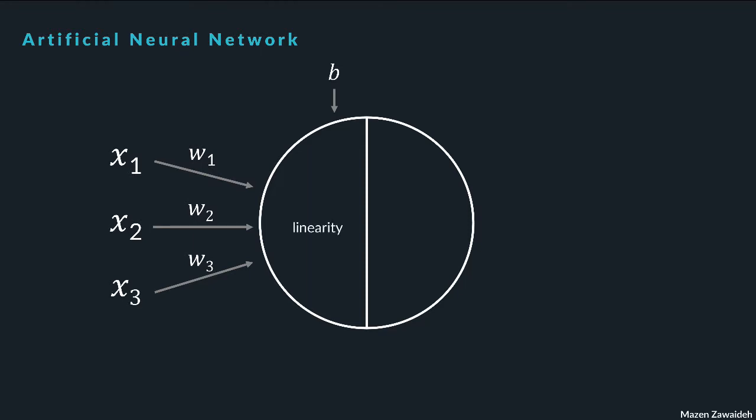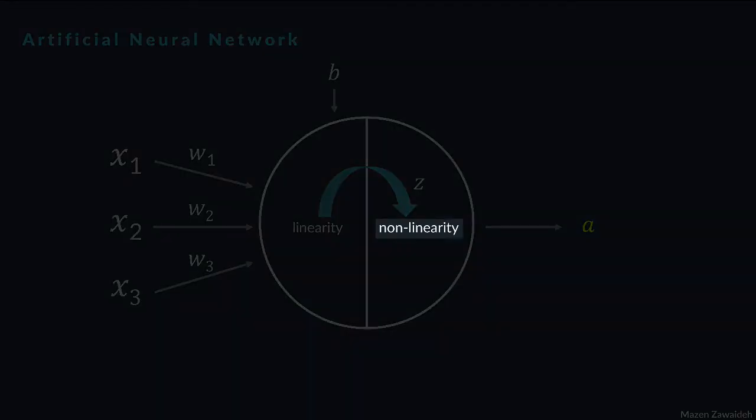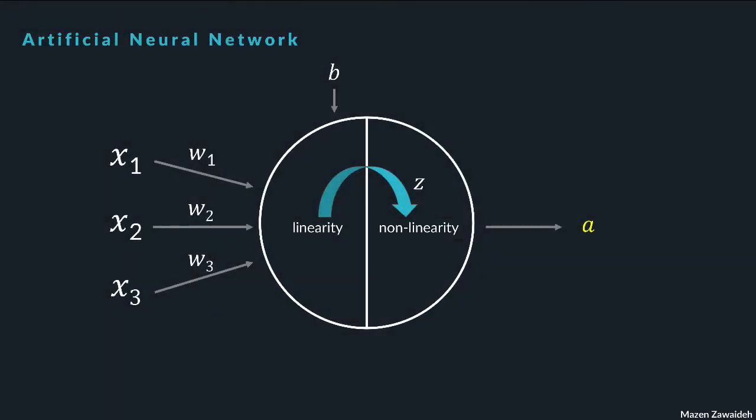First, a linear function is computed. The output of this linear function, which is by convention denoted z, is then input into a nonlinear function. The output of this nonlinear function is by convention denoted a for activation. Of note, the nonlinear function itself is often referred to as the activation function.